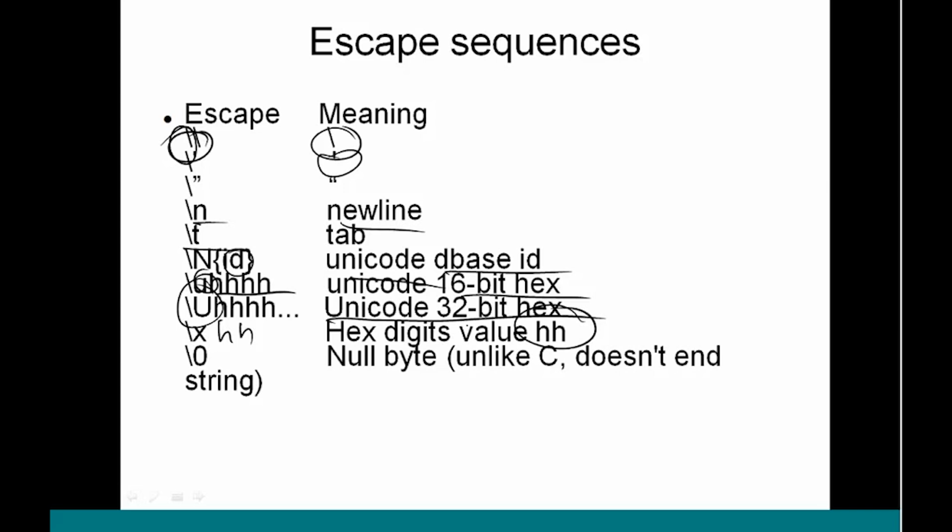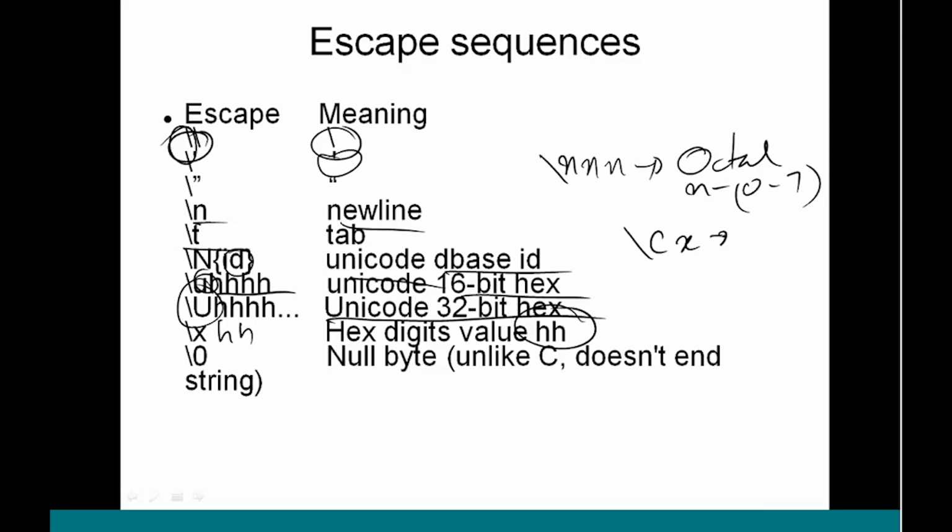And then if you just specify backslash and n, this is actually octal notation, where n has to be from 0 to 7 in octal. Some other sequences are also supported. For example, backslash c x is a shorthand for control x.